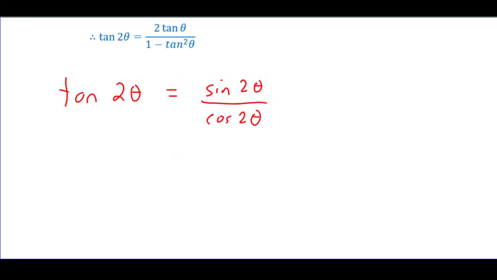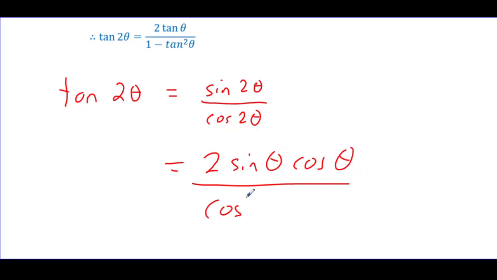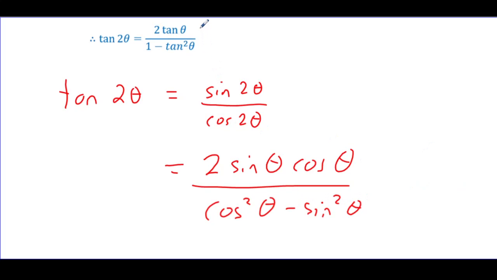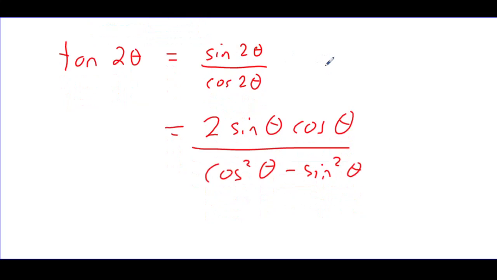And from there, said that that is 2 sine theta cos theta divided by, let's go with cos squared theta minus sine squared theta. And maybe you would even stop there and say that's the identity, and it is, but it's just not as nice as having one that's just in terms of tan.